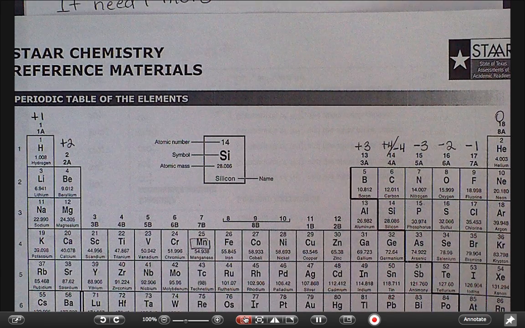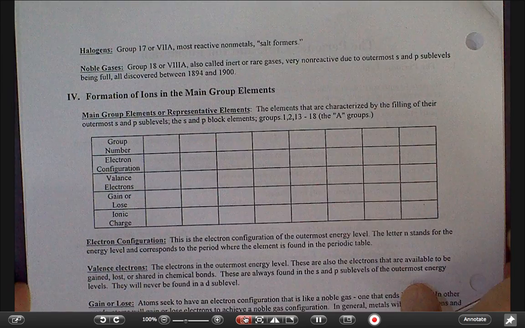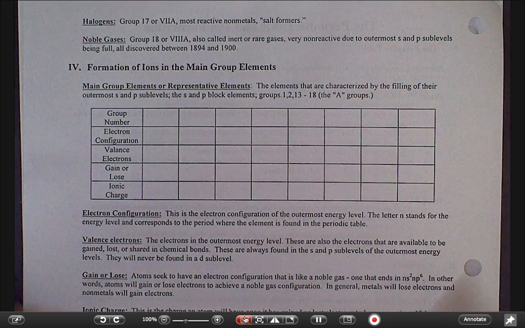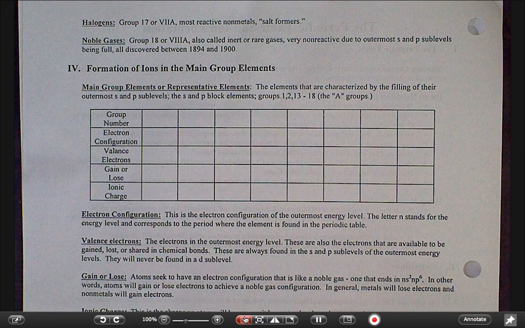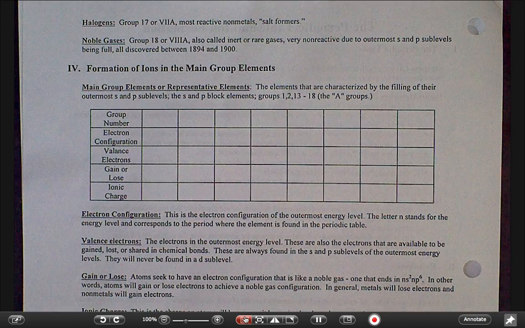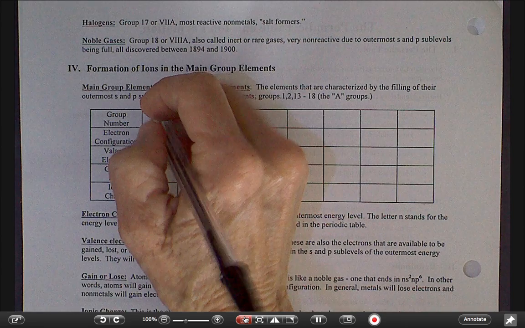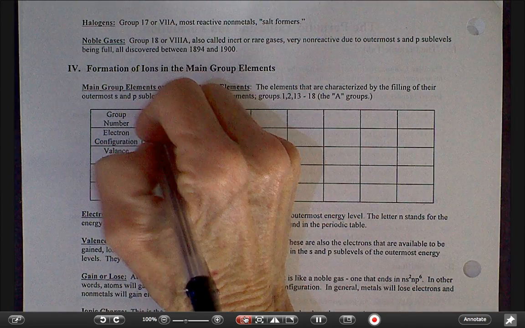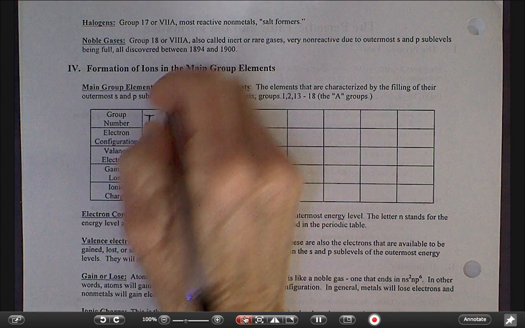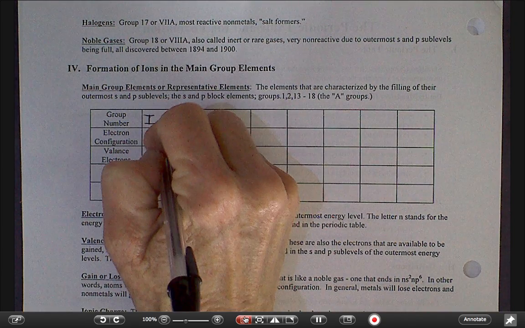If you go to your worksheet, we are going to fill in this little table. The group number, where I'm going by the Roman numeral numbers with the A, they're the representative element numbers. So 1A, in group 1, the electron configuration ends as an s1.